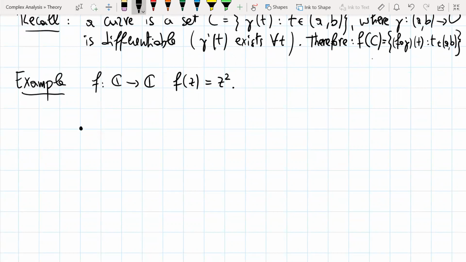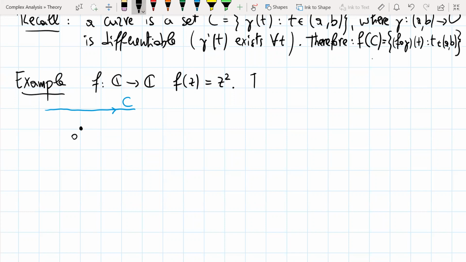Let me take here the origin in the z plane, and then I can consider, for example, a horizontal line. This is my C. And let me take, for the moment, this line not passing through the origin.